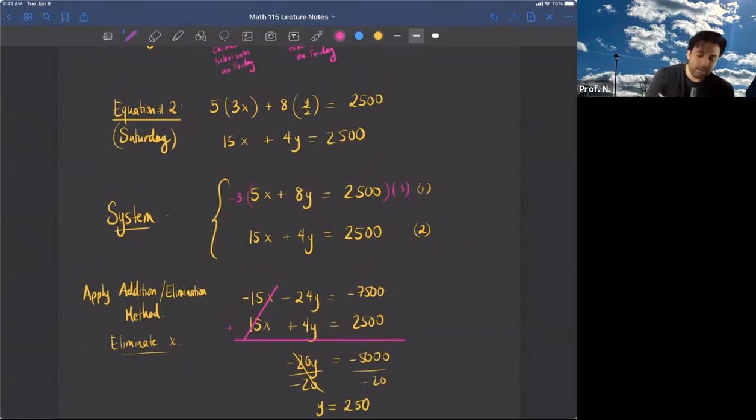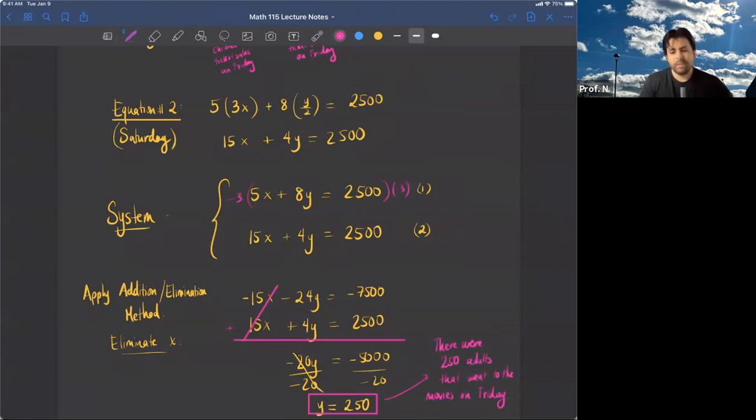So what did I just figure out? What is y? Y represents there were 250 adults that went to the movies on Friday. Right? But we don't want the number of adult tickets, right?